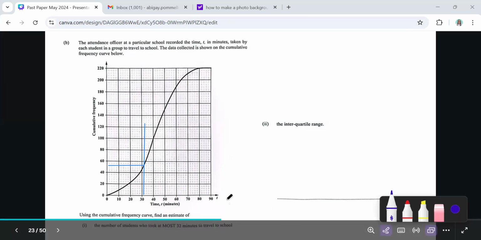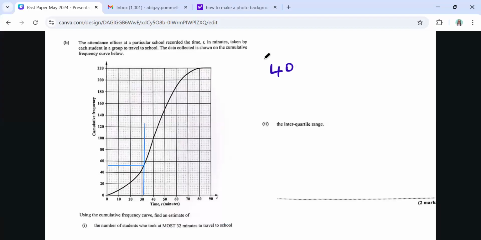So it's between 40 and 60. Or I can use my physics skills or biology skills, wherever you got those skills from, and divide these up because they already give you grid paper right here.